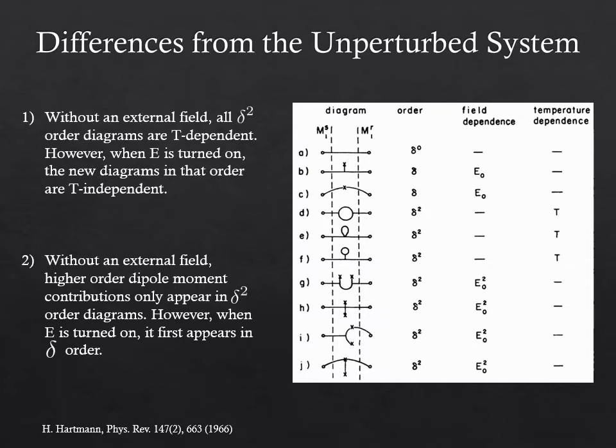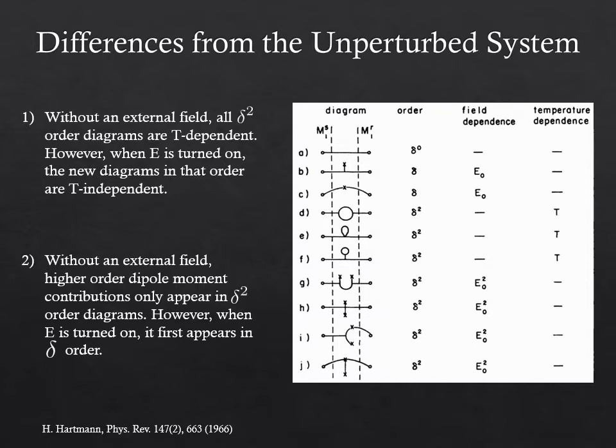So if we didn't have an external field, if E was 0, the only terms in the second order here are T dependent. I'm only showing the first subset of diagrams, but this rule applies to all of the other ones I've shown. You can go back and check if you want. And if you turn the field on, all the new contributions in that order are T independent, like I've just said.